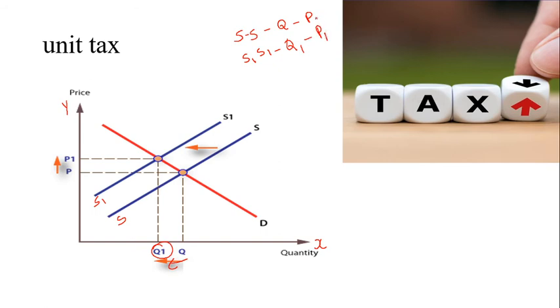Here the price is greater and the output is lesser. That is the difference between S and S1. At supply curve S, you are producing Q amount of output at a lower price, that is P. At S1, at the new supply curve, you are going to produce a lesser amount of output at a greater price.